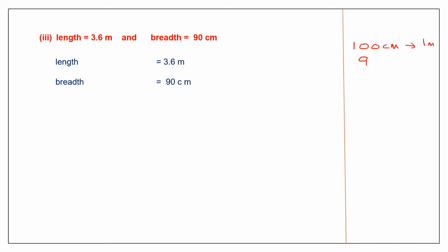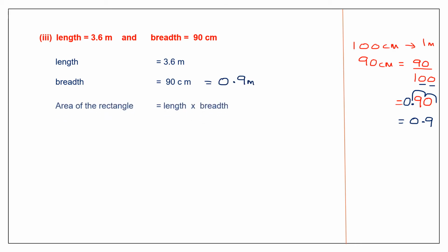So 90 centimeters will be 90 by 100. So that is 90, and then check the denominator. It has two zeros. So your point will move two places to the left and come here. So it is 0.90 or 0.9. So we have converted breadth here to 0.9 meters.